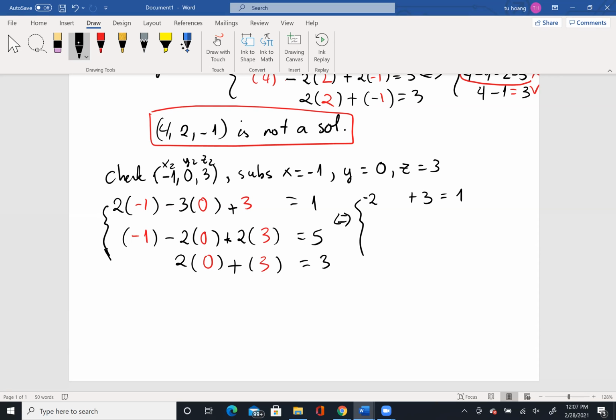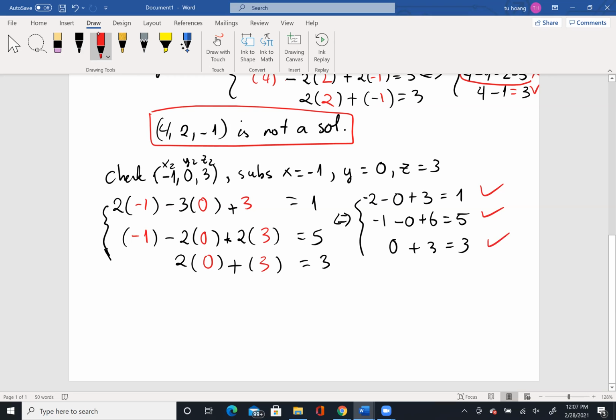So that should be -2 minus 0 plus 3, equal to 1. That should be okay for the first equation. The second one gives me -1 minus 0 plus 6 equal to 5. This is a true statement. And then 0 plus 3 equals 3 is also true.